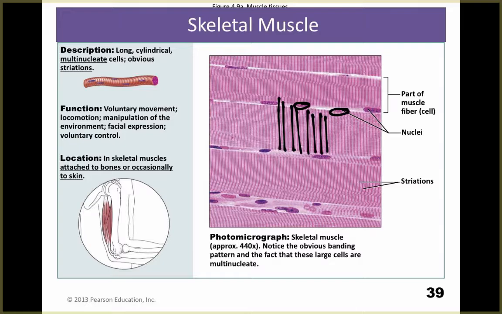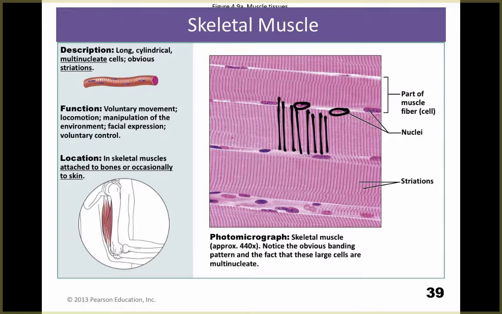For the purpose of this part, we're just talking about the tissue, allowing you to identify it by some of its physical attributes, and then later we're going to get into the physiology and talk more about the details of the structure.